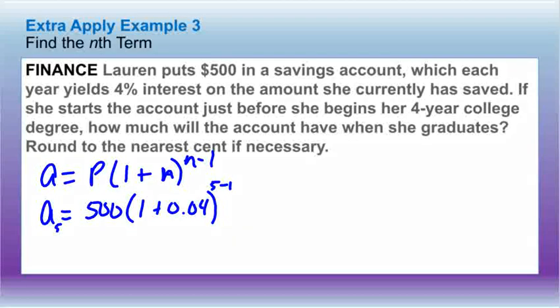If I put that in the calculator, I would get the 5th year, and to the nearest cent, it would be $585.84 or $84.93.